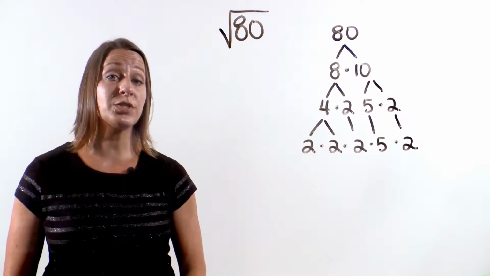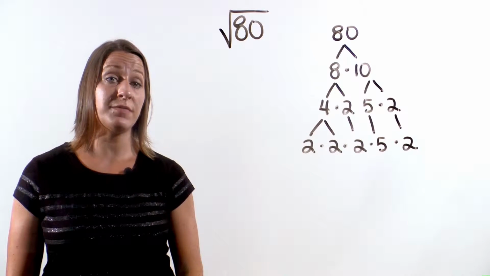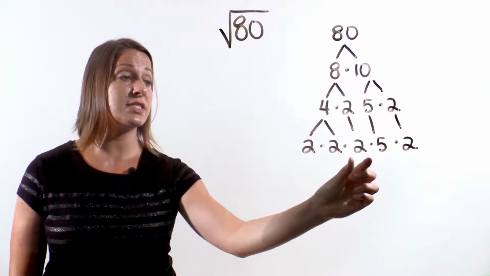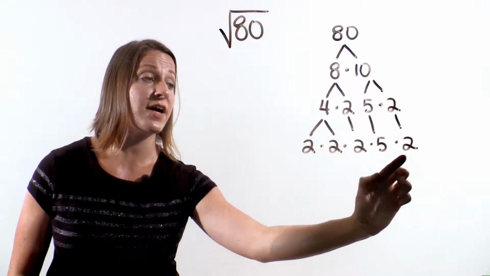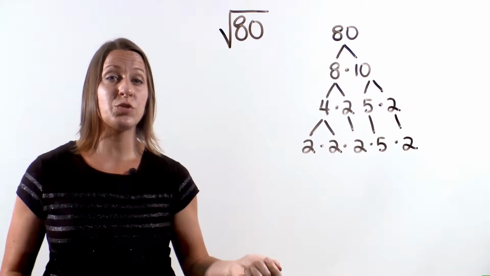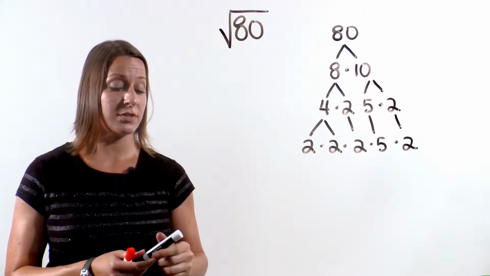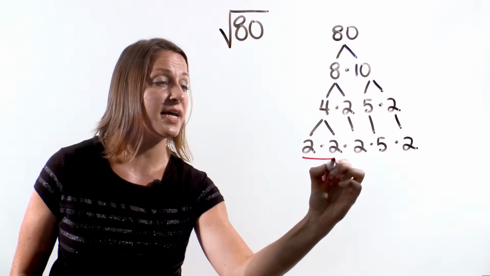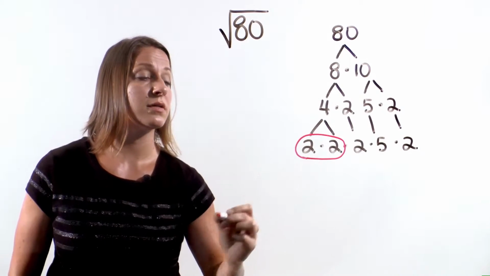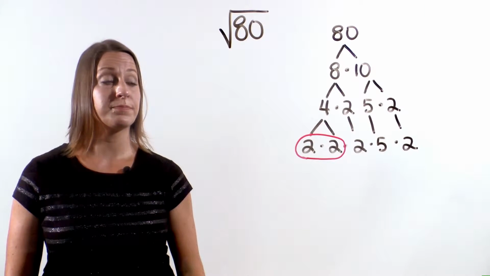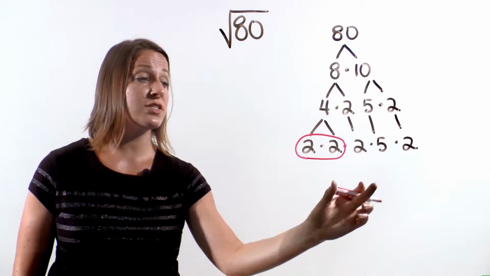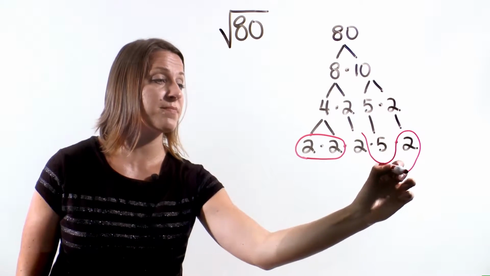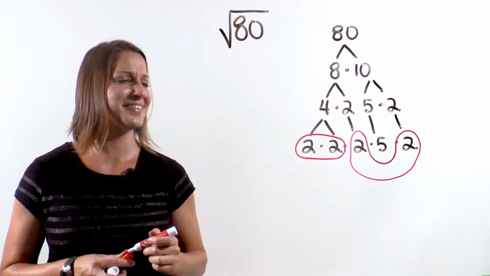Next, because we're looking for the square root of 80, we need to see if we have any partners of numbers in this final line. I like to call them twins. If you have any twin numbers, for example, right here we have a set of 2s. We also have another set of 2s. Can kind of circle them like so.